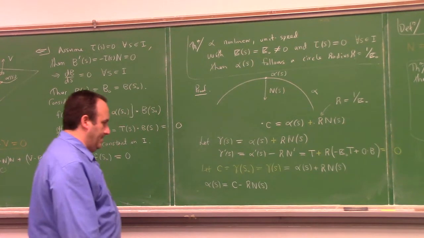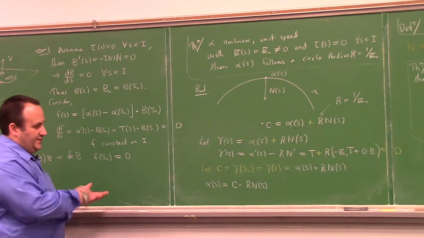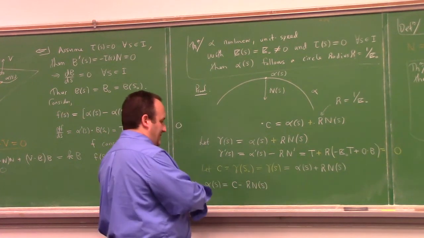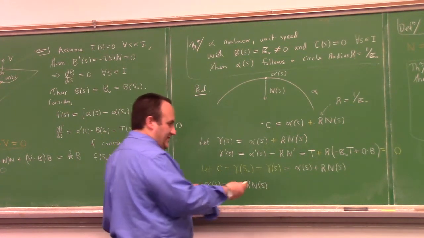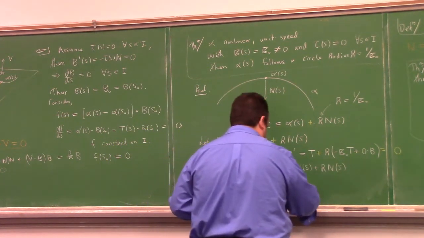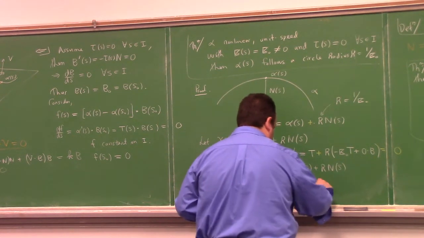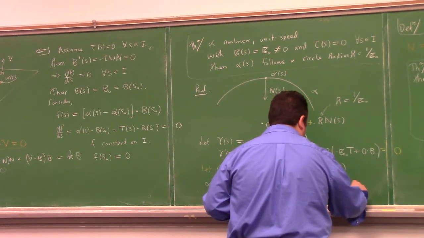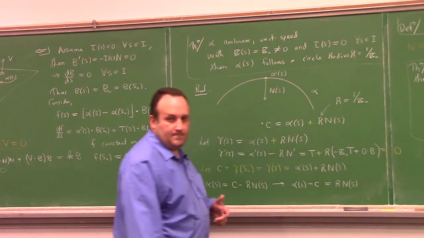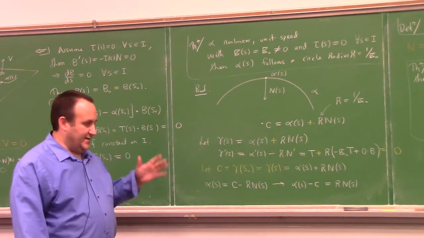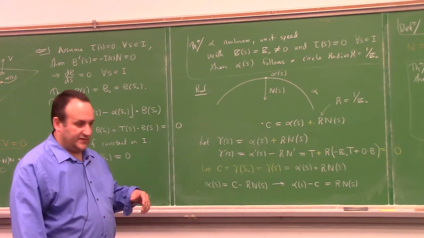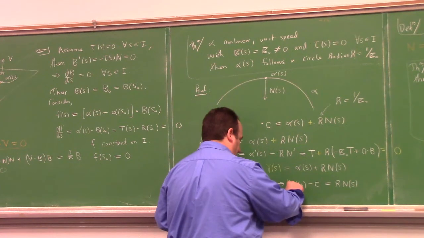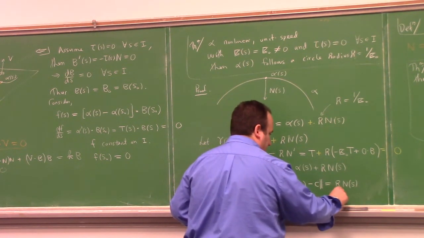But more to the point, that shows that, okay, great, that's true, but not really the point. The point is alpha of s minus c is equal to Rn of s for all s. And that equation shows it's a circle because if we calculate this distance, it's equal to this.